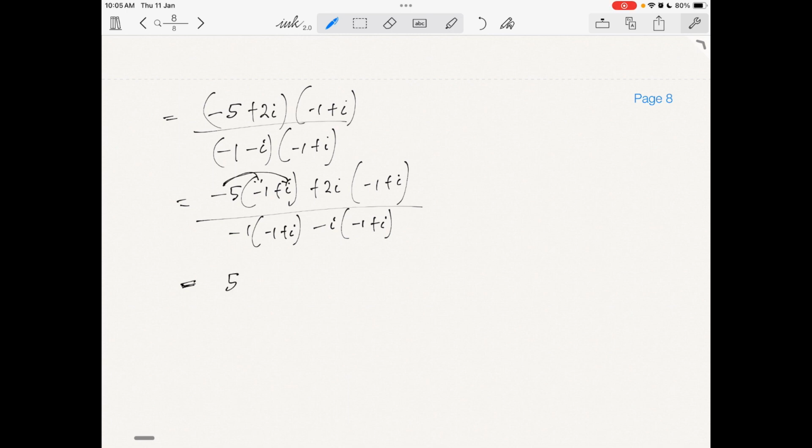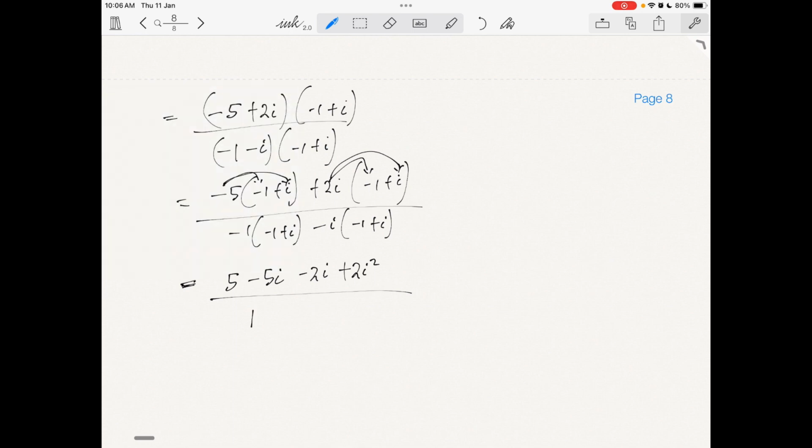Multiply again, this will give us minus 5i. Multiply this, this will give us minus 2i. Multiply this, and this will give us plus 2i squared. We perform the same multiplication at the numerator, and we'll do it for the denominator.